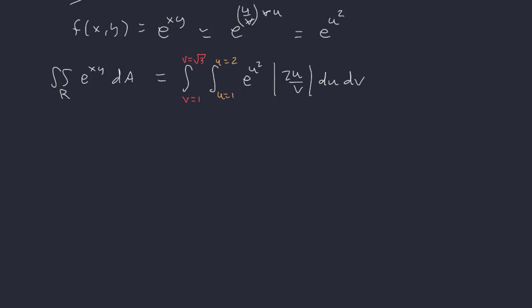Let me rewrite this a little bit. All I did really is drop the absolute value bars here and join the u's together and the v's together, because they're nice and separated, which is perfect. Now here, this will be a quick u substitution.